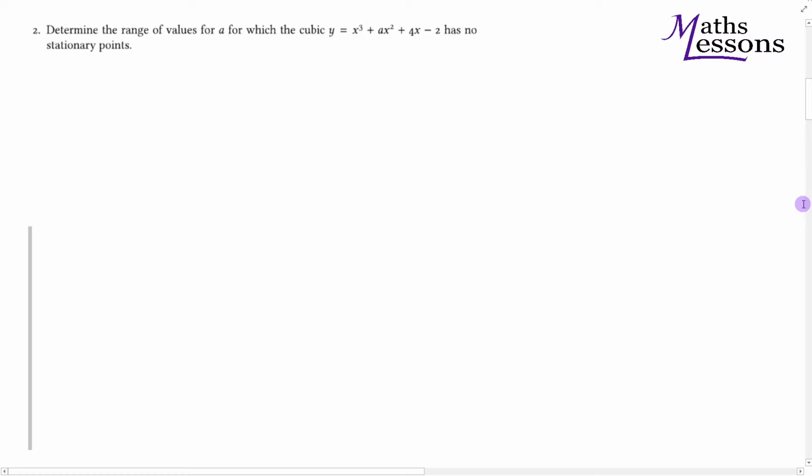So to determine the range of values for a for which the cubic has no stationary points. I'm really not sure how long this will take you, so I'll set the timer at 5 minutes maximum. You should easily be able to do it under that. I think it might even finish before that.